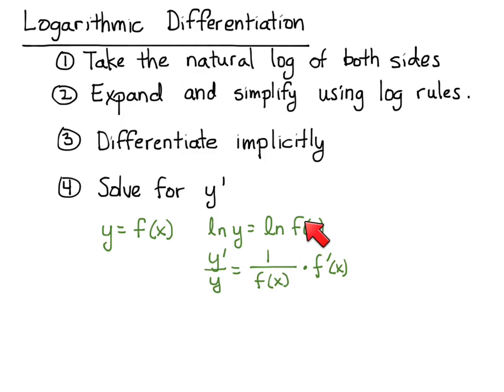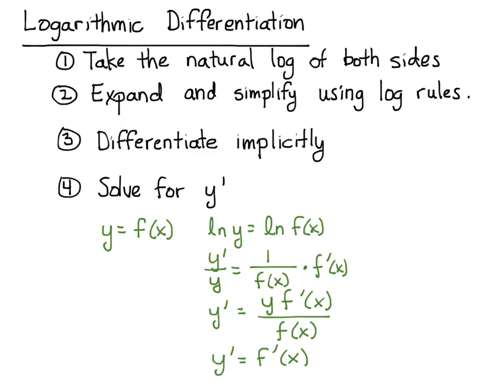The derivative of the log of f at x is just 1 over f at x times the derivative of f at x. And then when we solve for y prime, we get y times f prime at x over f at x. Notice that y and f at x are the same thing, so that cancels out. You just get y prime equals the derivative of f.